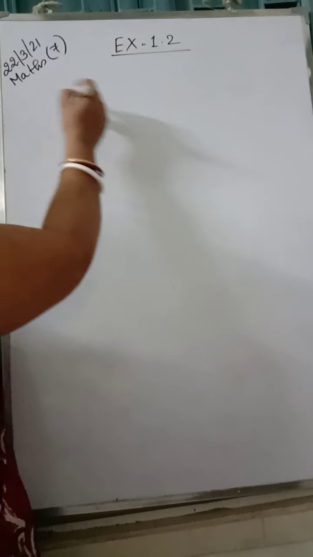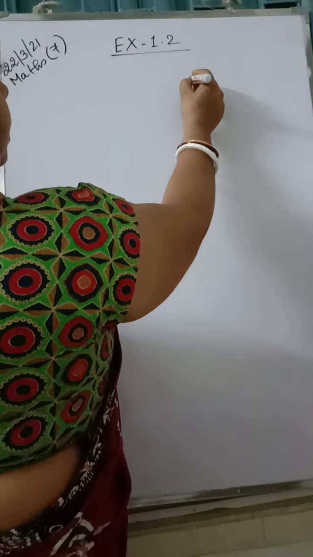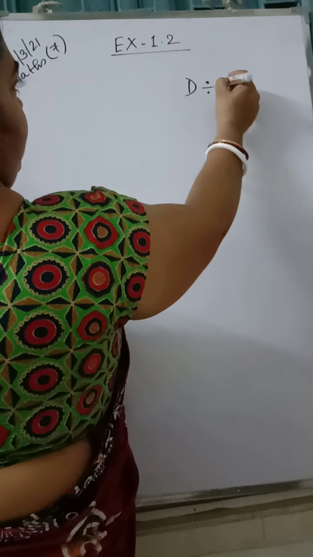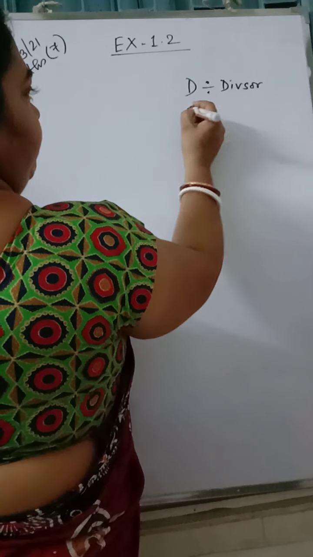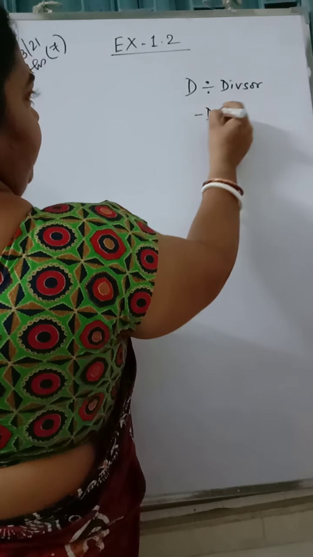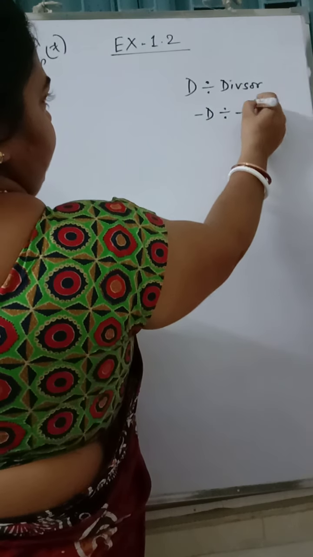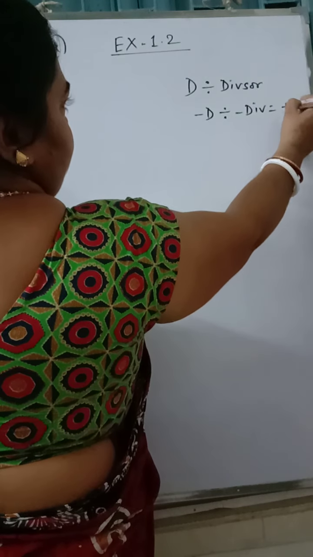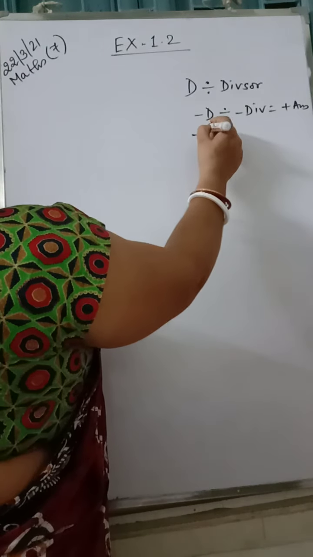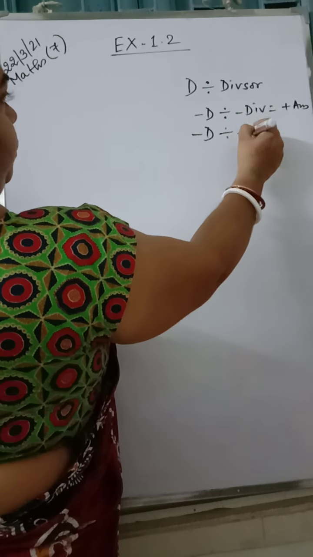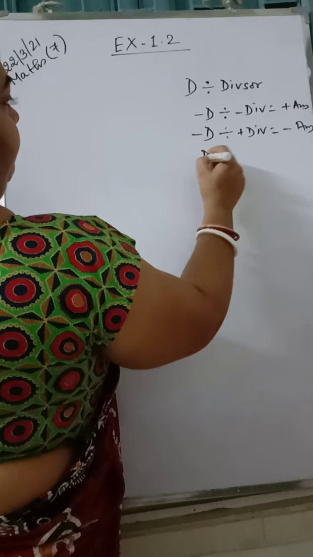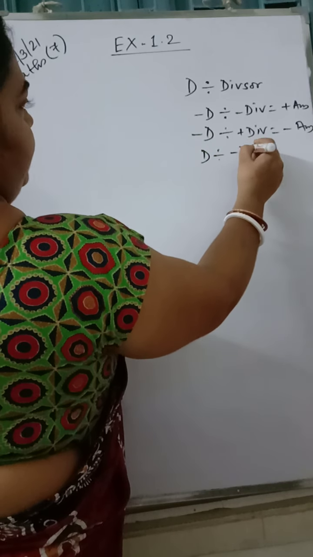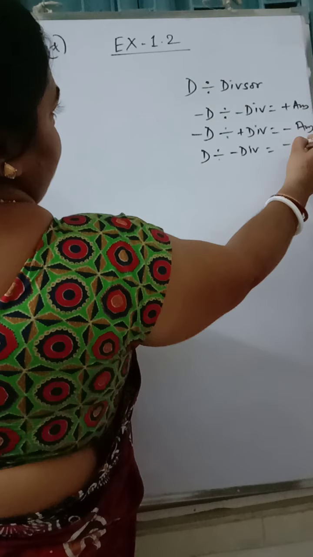Always keep it in mind: if dividend and divisor are both negative, then the answer will be positive. If the dividend is negative and the divisor is positive, then the answer is negative. If the dividend is positive and the divisor is negative, then the answer is also negative.